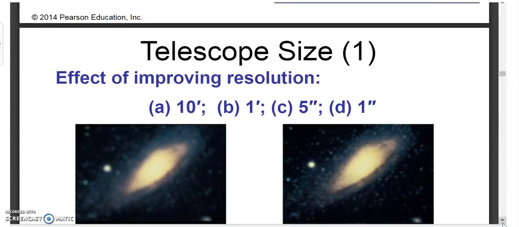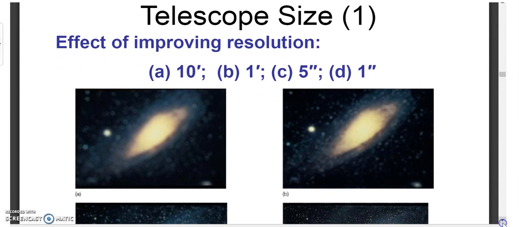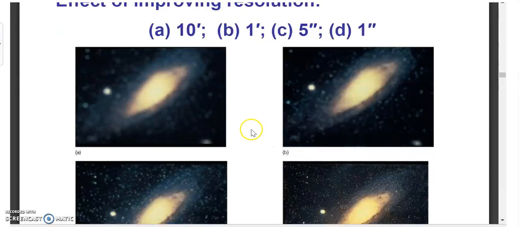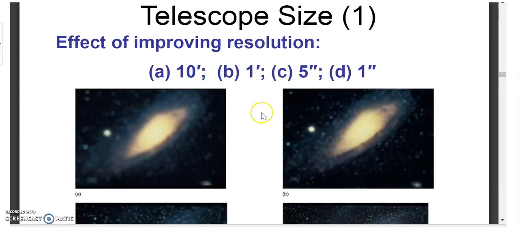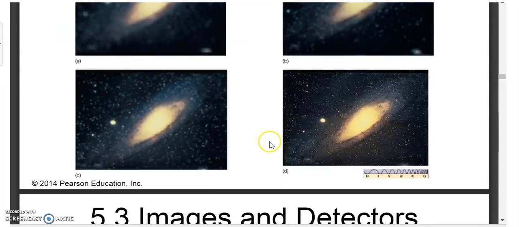Let's see. So here's just to give you some different values of resolution. What they're showing you is this first picture, which is Andromeda, actually. Not that that's important, but this is at 10 arc minutes. So this resolution would be 10 arc minutes. The next one is 1 arc minute. And then this one down here, the 2 hash marks mean arc seconds.